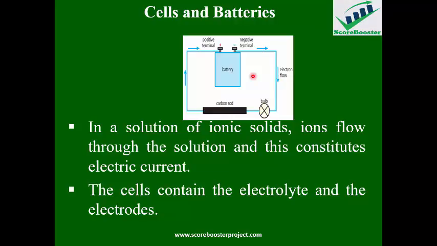So if we have a solution that can do that, or we have a substance in molten form that can do that, we call all those substances electrolyte. And the process of decomposition when electricity passes is what is called electrolysis.